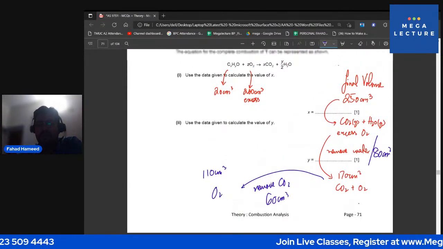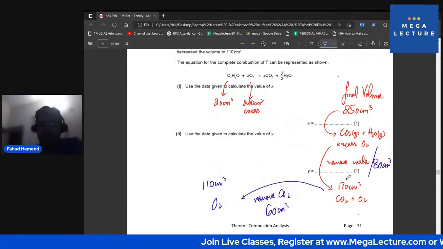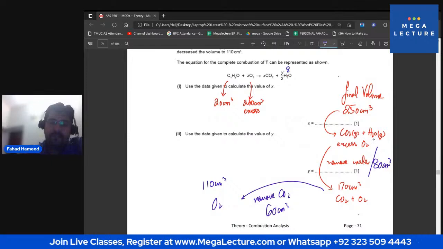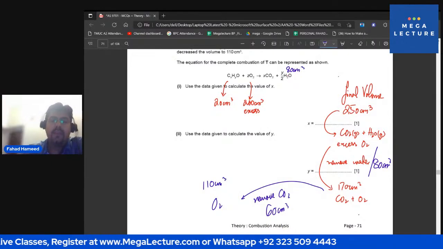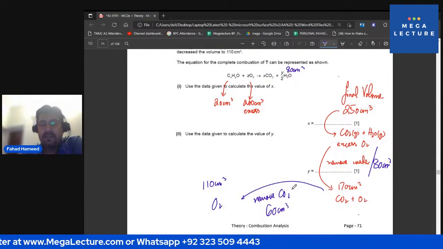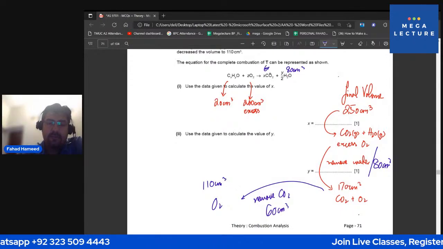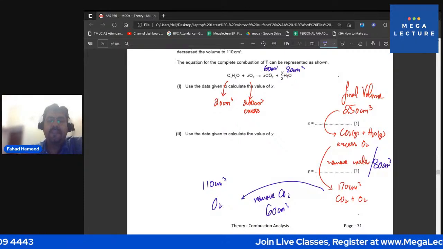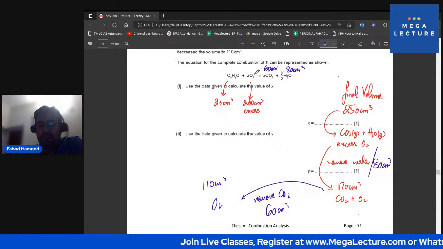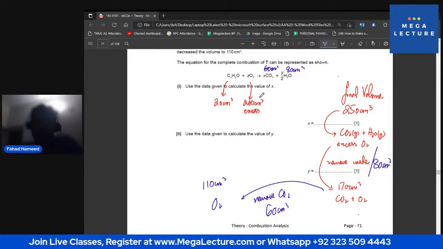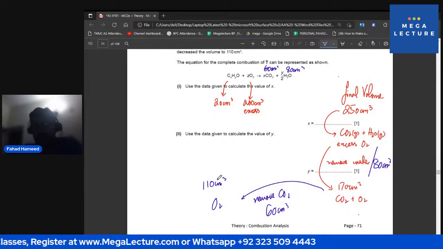So what I've now figured out based on this is that the amount of water vapor I had was 80 cm cube, and I know for a fact that the amount of CO2 in this reaction is 60 cm cube. I also know the amount of O2 that got used up, because you started off with 200 cm cube, and now at the end you're left with 110 cm cube.